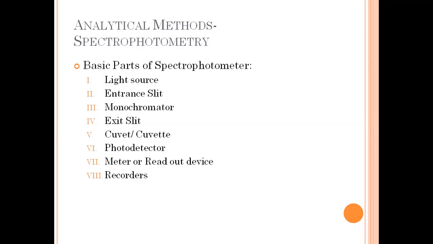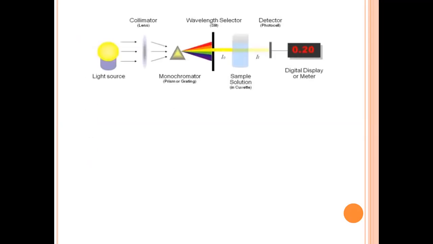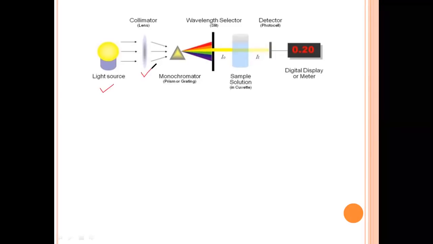Pero simple discussion lang naman, hindi tayo sobrang detailed, okay, na tulad ng sa lecture. Before we discuss each of the component of your spectro, so these are the components of your spectro in one picture. Okay, so you have here, okay, the light source. Ayan siya. Okay, the light source, you have the collimator or the lens. However, sometimes nga tinatawag natin siyang entrance slit.